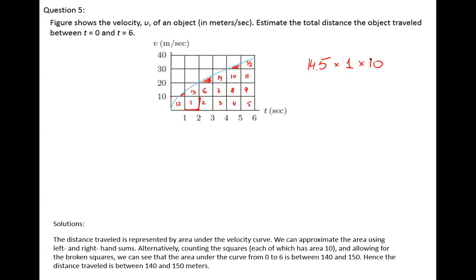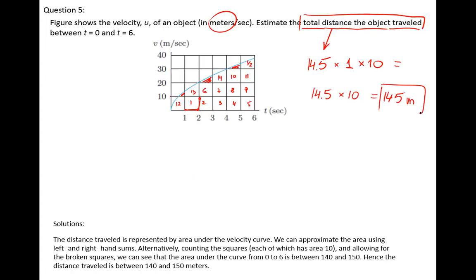Oh, nice calculation. That means the total distance traveled between 0 and 6, of course, will be 14.5 times 10, it's 145, and just distance, meters.